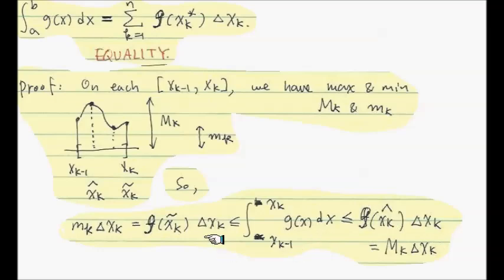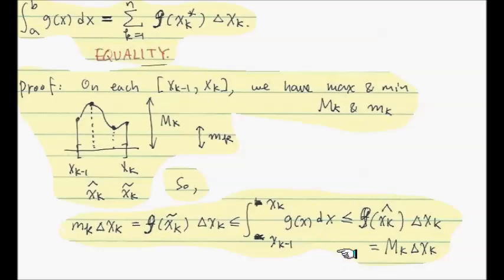And similarly for this one, because we use the lowest point right there, this area of the rectangle must be smaller. And this still holds whether big Mk and little mk are negative or positive. That needs to be checked, but we have this result.